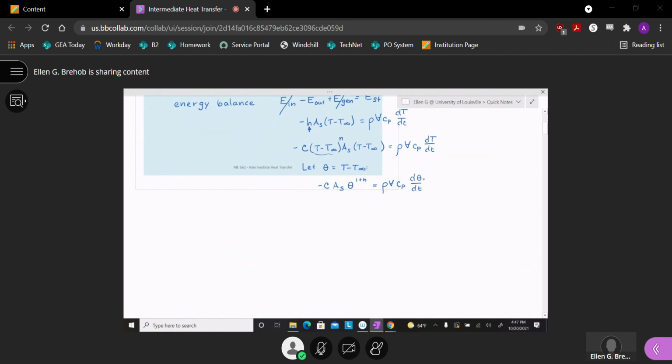All right, so we're going to separate variables, and separate and integrate, and the solution ends up looking like this. This is not trivial to get from this step to the next step.